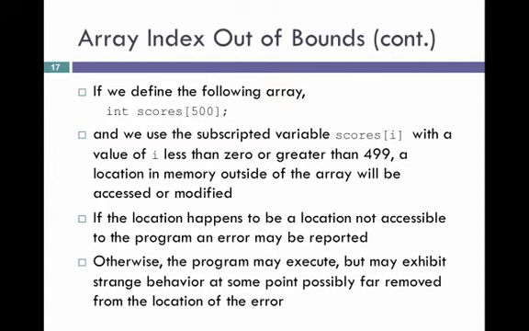If that location happens to be a location not accessible to the program, an error could be reported. Otherwise, the program may execute, but what happens is indeterminate. We might get some errors. We might get some incorrect calculations. Depending, we might just go out and read some values that were never intended to be in the array, and so we may get bad results, and we may not even know it.